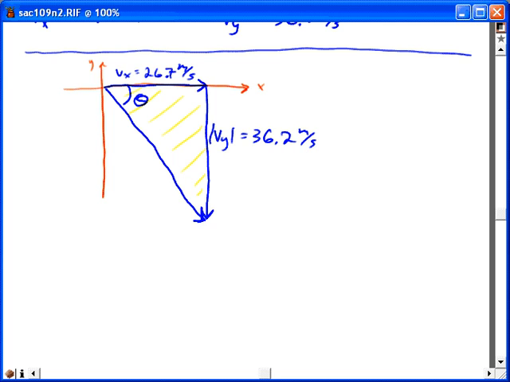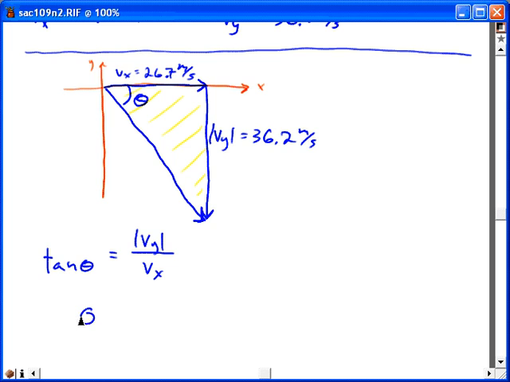So let's never write something like the tangent is equal to some negative value divided by a positive value, or a positive value divided by a negative value. But look at the triangle and make sense of it using your understanding of plane geometry and your trig functions. So what I can say is, looking at that triangle, the tangent of the angle theta is Vy over Vx.